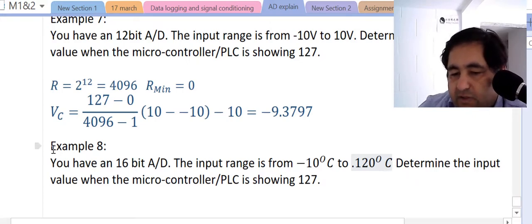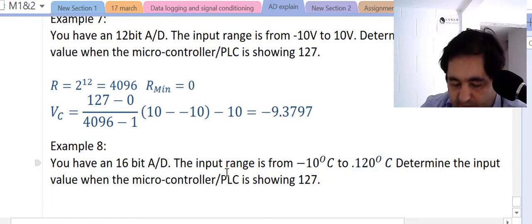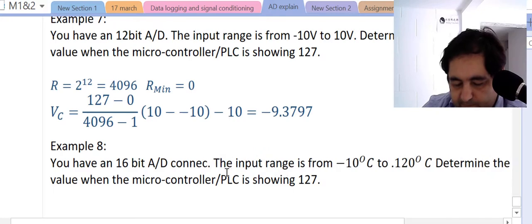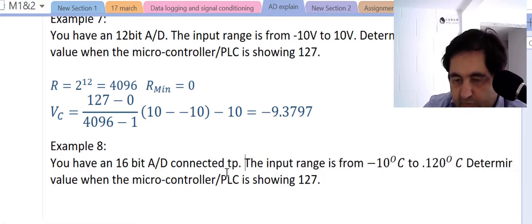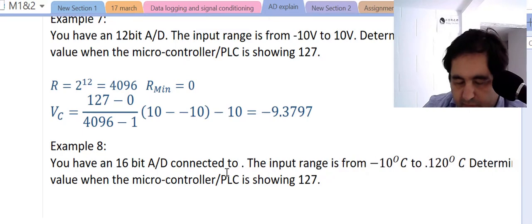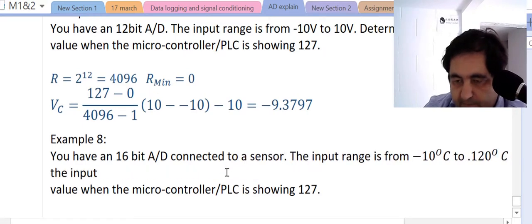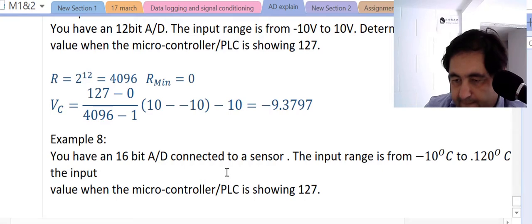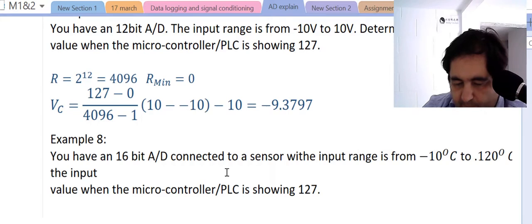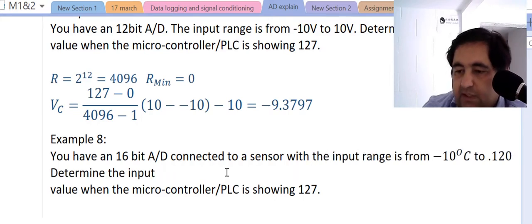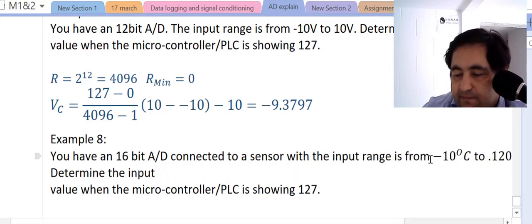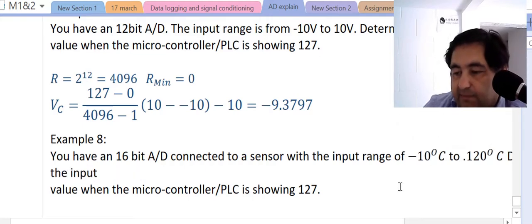You have a 16 bits A to D connected to a sensor with the input range of, so you can see a little bit the wording is different, but the same concept.